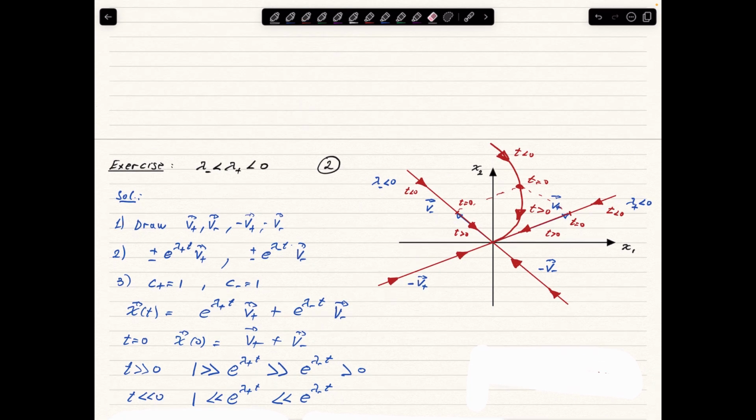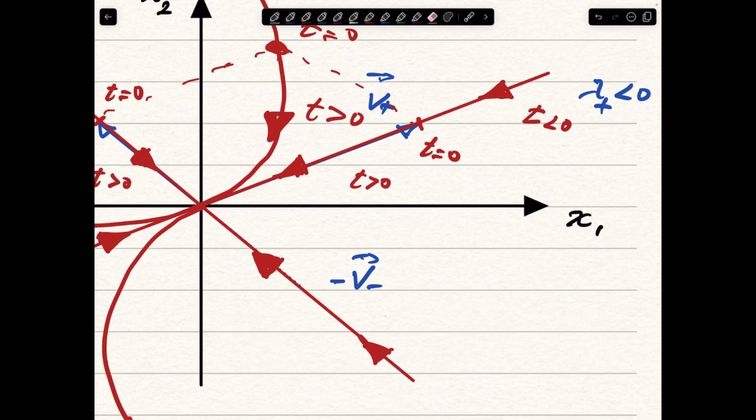If we do the other solutions, we are going to complete the fork more or less like this, again towards the origin. We are going to complete the fork like this, and like this.